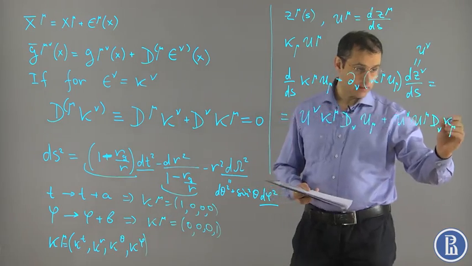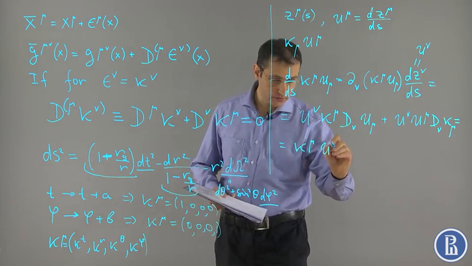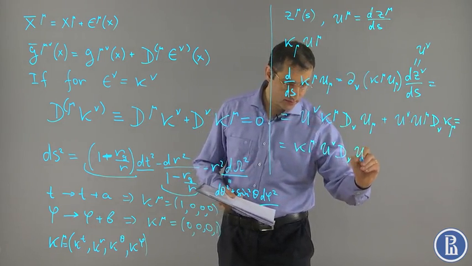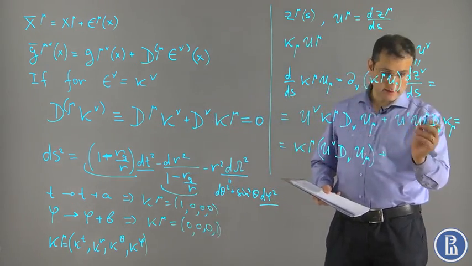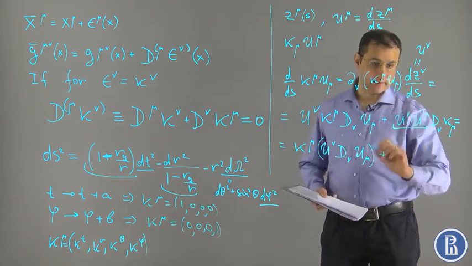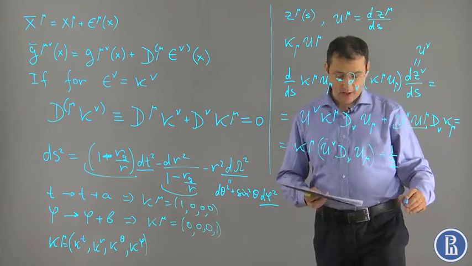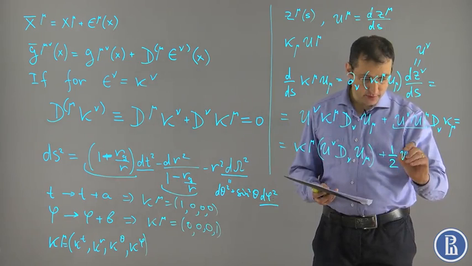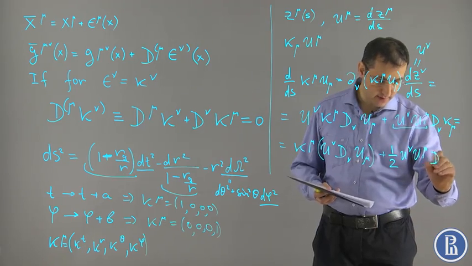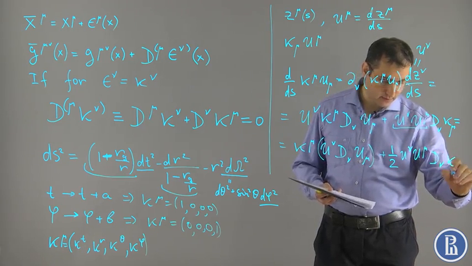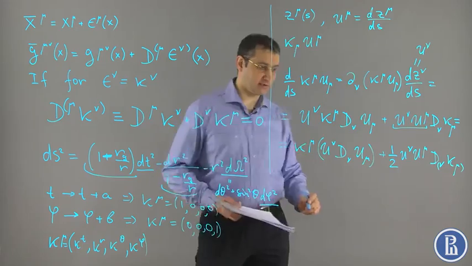Now, let us continue and represent this as k mu u nu d nu u mu, plus, since this is symmetric under the exchange of indices nu and mu, one can represent it as one half u nu u mu times the symmetrized derivative of k.